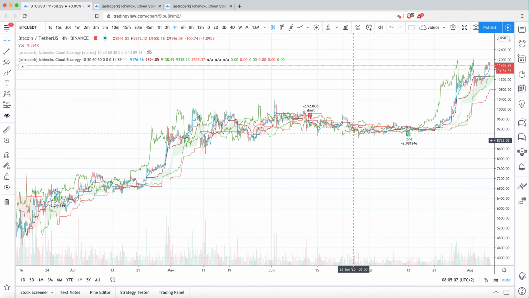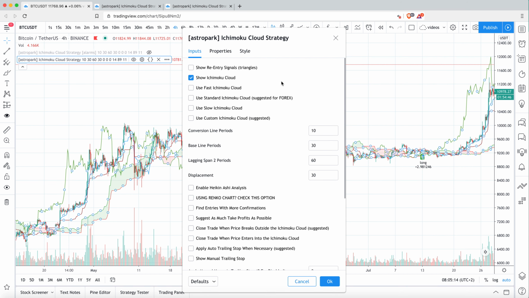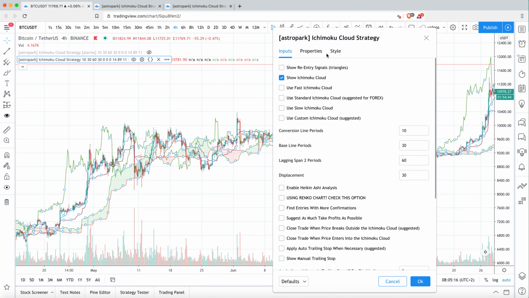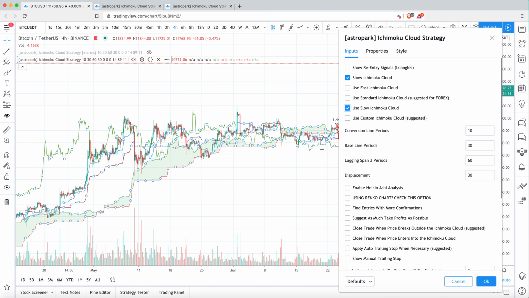The Ichimoku cloud always prints a lot of lines. This is the custom. You can apply the slow one, for example.